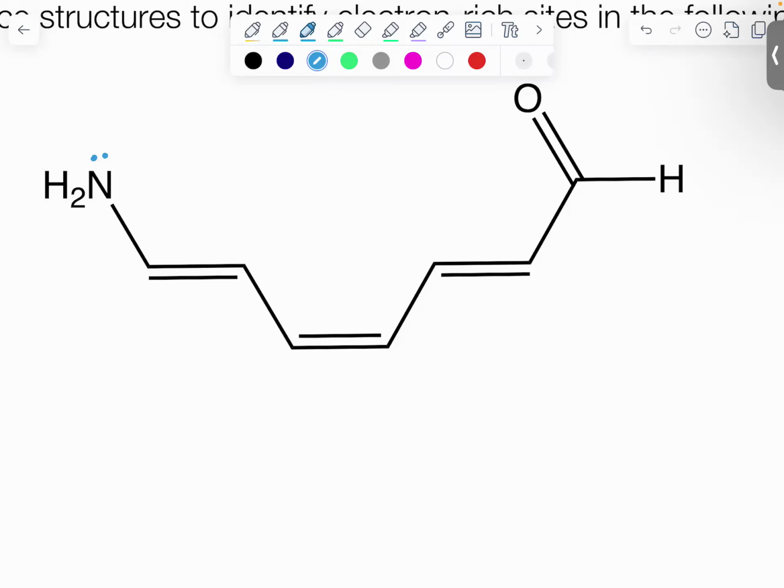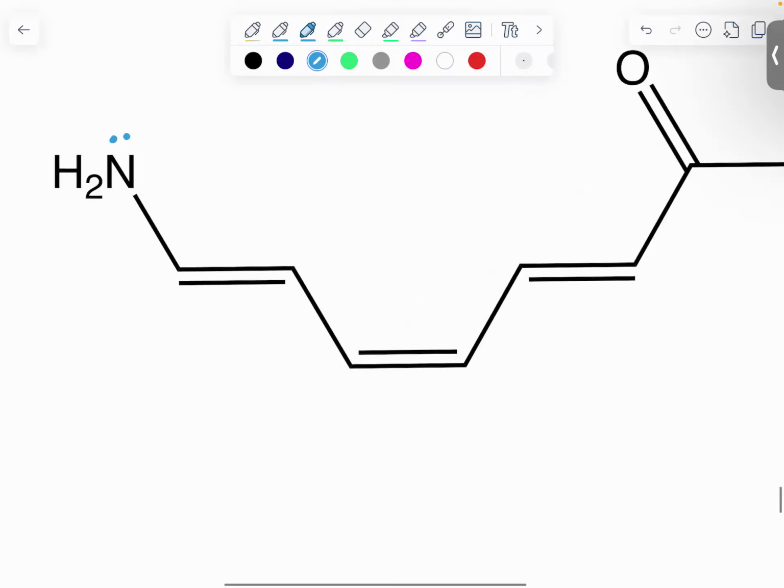First thing we're going to do is move our electrons. These electrons, the only place they can go is onto that carbon. But that would then overload this carbon, so we have to send the electrons from this double bond onto the next carbon.